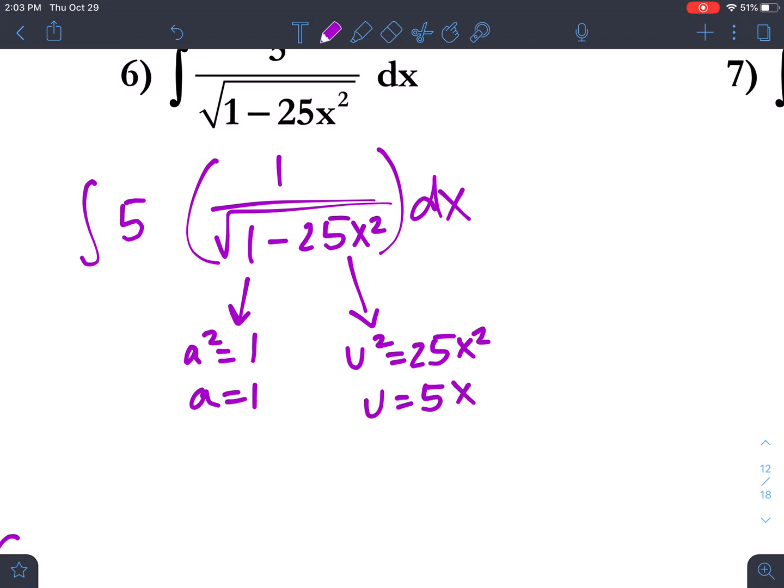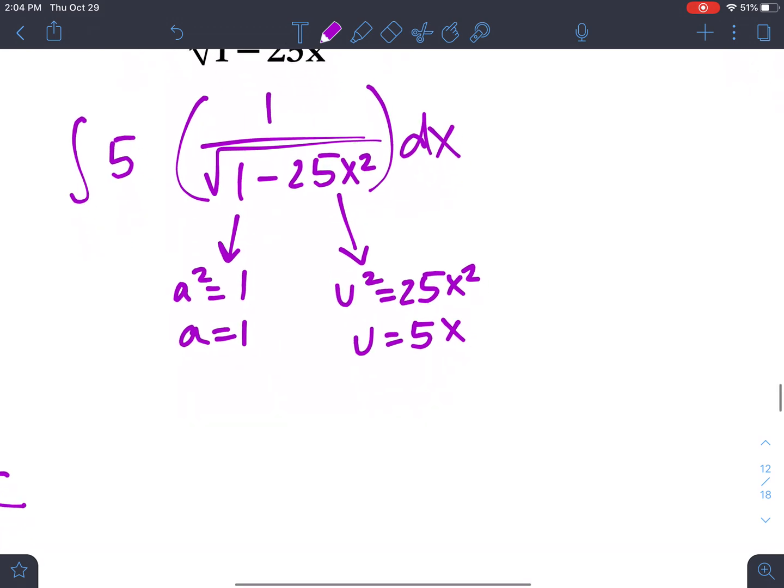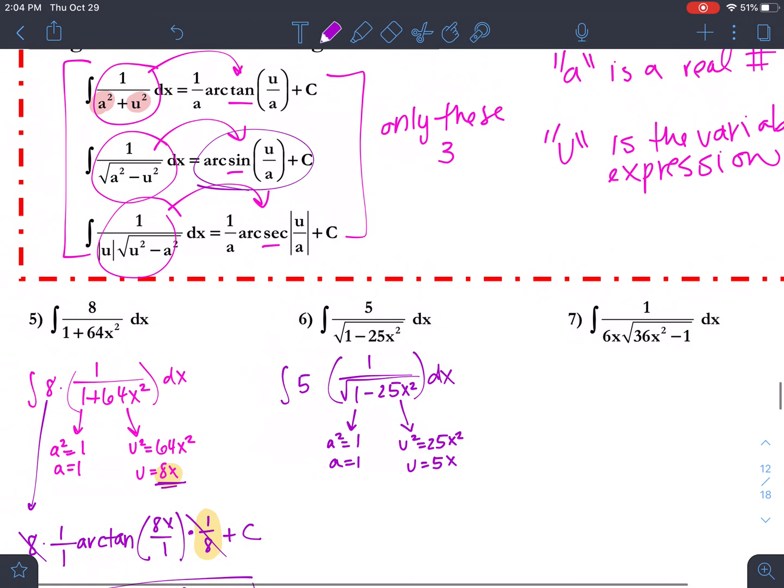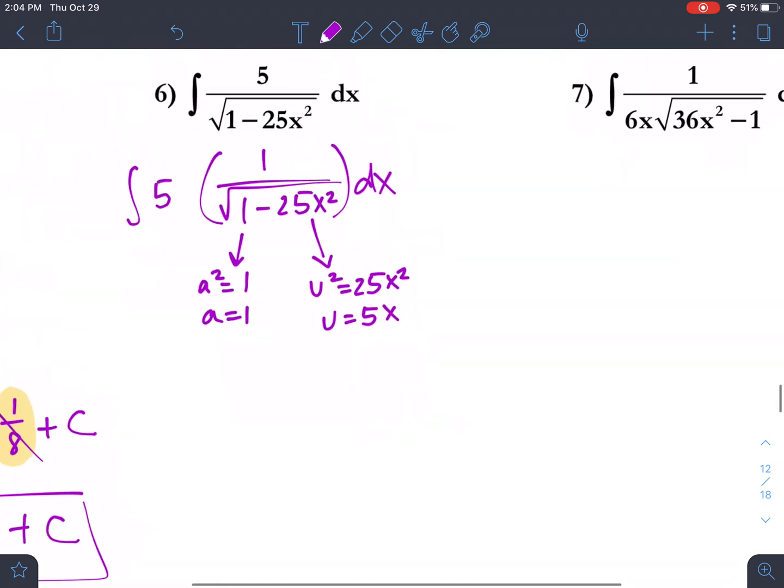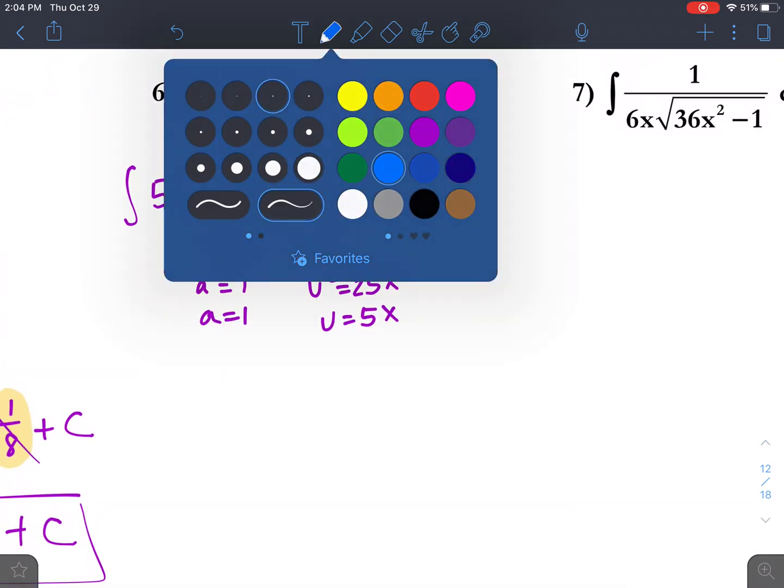Again, you'll notice we have the derivative of u out there. We know we're going to have to use anti-chain rule, so we'll end up canceling. That's something just to keep in mind. Okay, so arcsine here is just arcsine of u over a plus c, right up here. Arcsine of u over a plus c. Okay, so we bring down the 5 as usual.